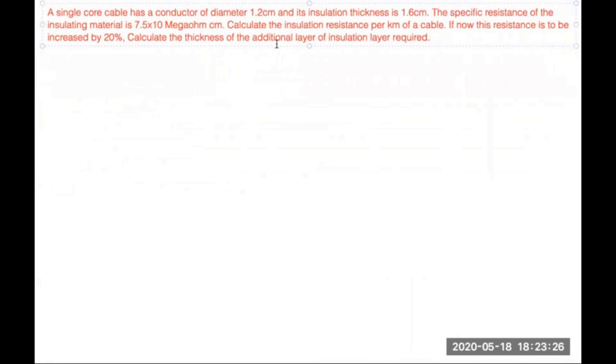A single core cable has a conductor of diameter 1.2 centimeter and its insulation thickness is 1.6 centimeter.